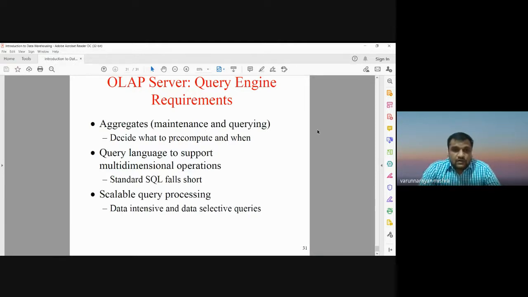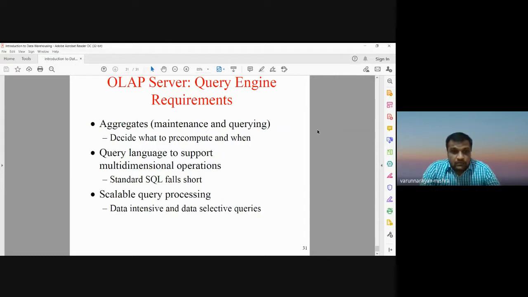So for running an OLAP server, we require some query engines, like an aggregate query engine that will maintain and query, and it will decide what to pre-compute and when it is required to compute.